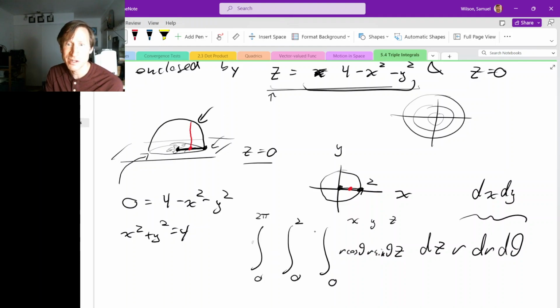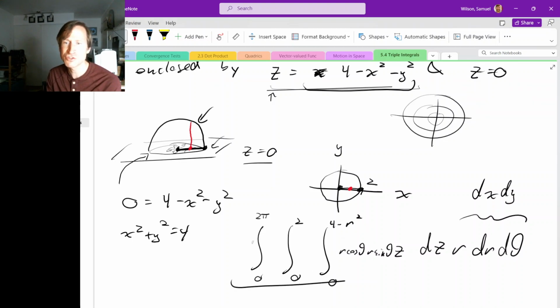So the paraboloid is 4 minus x squared minus y squared. Oh, but we can't use x's and y's because we switched to polar coordinates. X squared plus y squared, that's r squared.